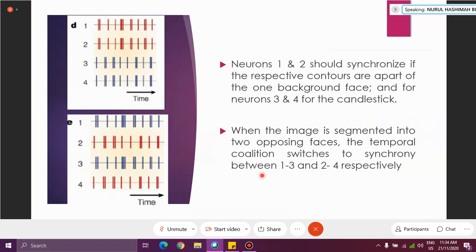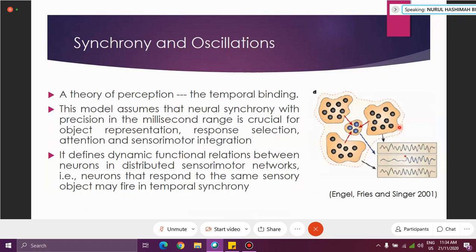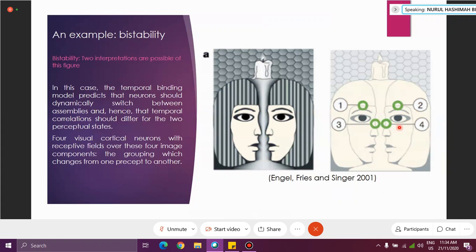Which means the set of 1 and 3 will respond in synchrony with 2 and 4. So neurons that respond to the same sensory object may fire in temporal synchrony because they are sensing the same object, which is the candlestick.